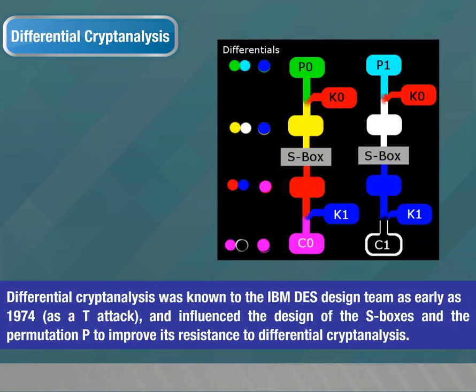Differential cryptanalysis was known to the IBM DES design team as early as 1974 as a T-attack and influenced the design of the S-boxes and the permutation P to improve its resistance to differential cryptanalysis.